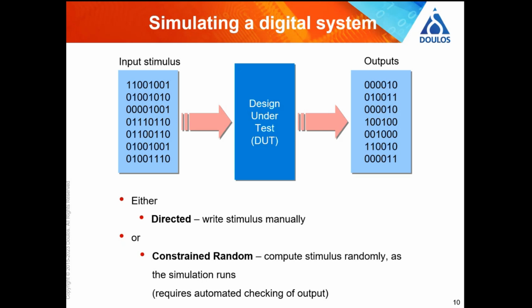We've already talked about the second of those, constrained random, where you don't put noise into your design, you put in a stream of sensible things. The other one is what's called directed testing, where you create the stimulus yourself. You're certainly going to be doing the first one, but if you're doing the second one, you'd be doing both.